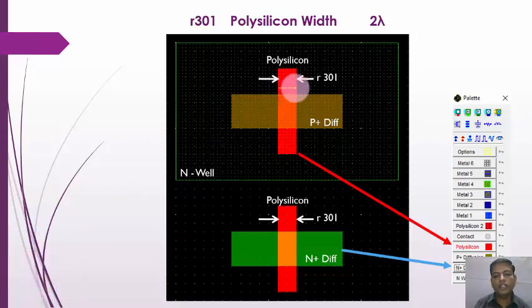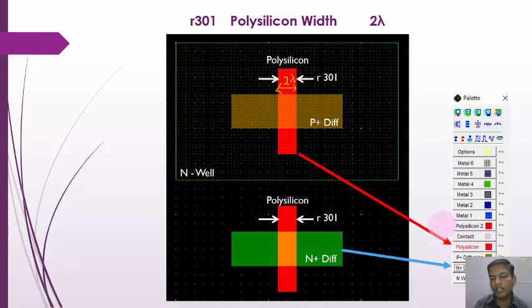That particular distance should be 2 lambda. This distance should be 2 lambda. That is polysilicon, rule number 301. In between P plus diffusion and N plus diffusion, for rule number 301, the polysilicon width should be 2 lambda.